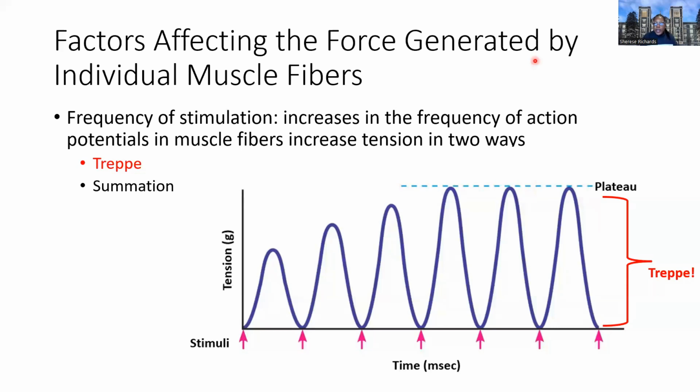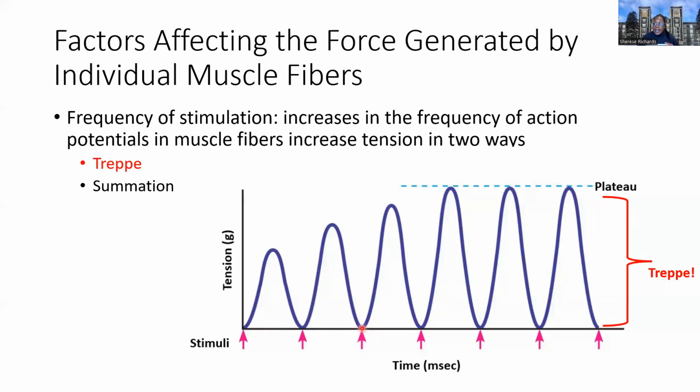Okay, so we left off speaking about treppe and distinguishing treppe from summation. The main difference between treppe and summation, we said, was that in between contractions in treppe, we have full relaxation of the muscle contraction where the tension generation goes to zero.